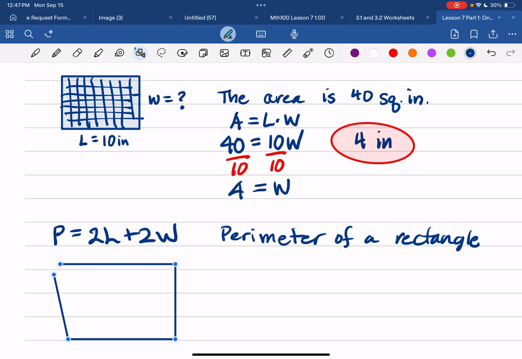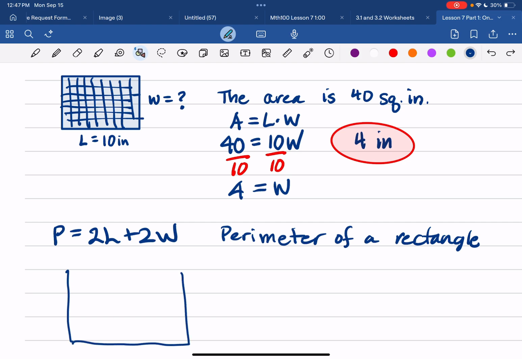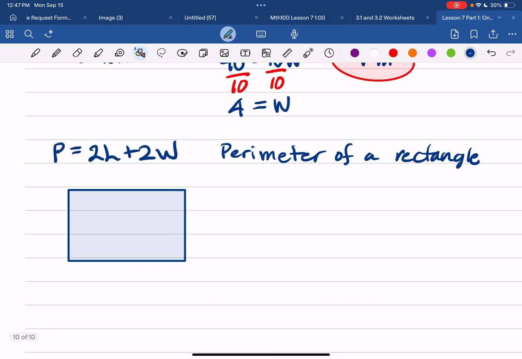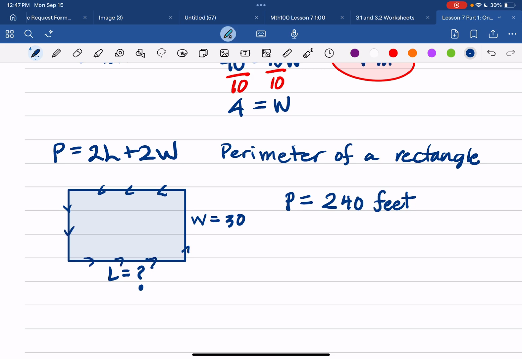Let's say that we have a rectangle, and we know this time the width is 30. The length we don't know, but we know the perimeter is 240 feet. Now, perimeter is a straight line around the edges, so it's not measured in squares. We're just measuring with a tape measure around the end.